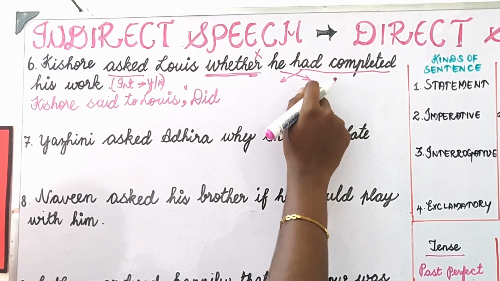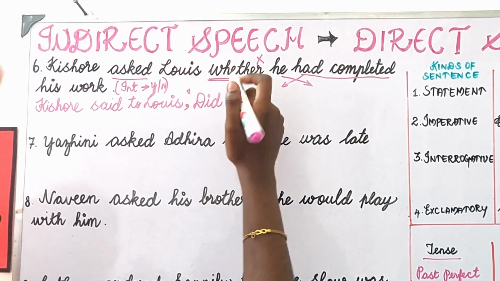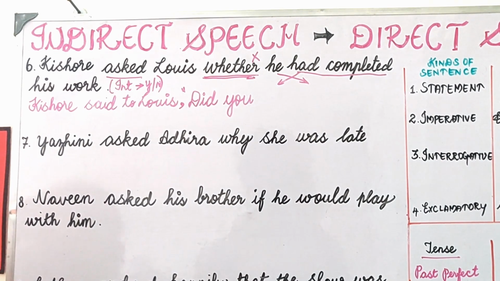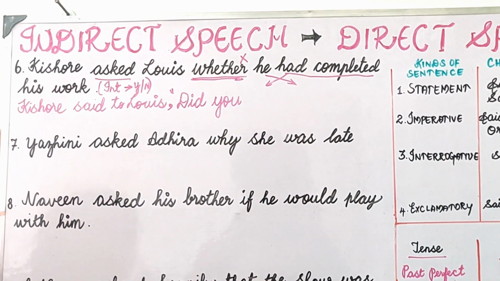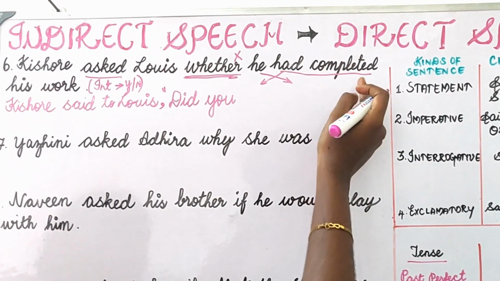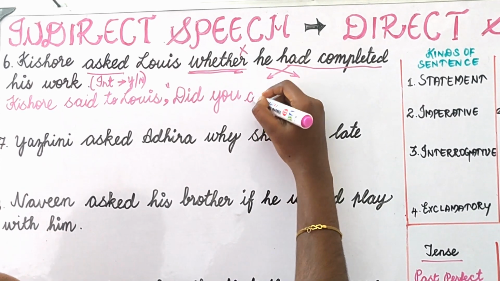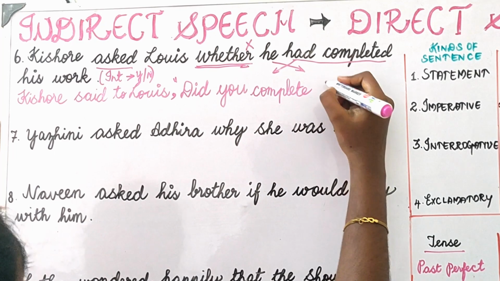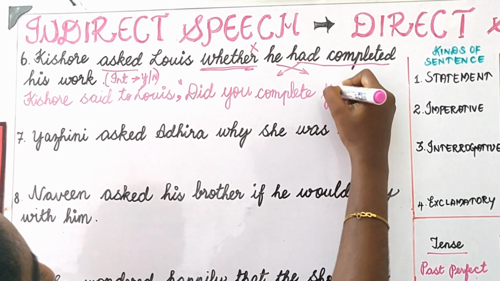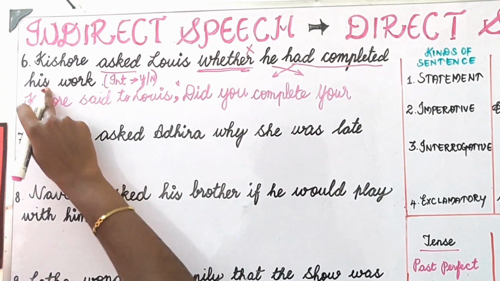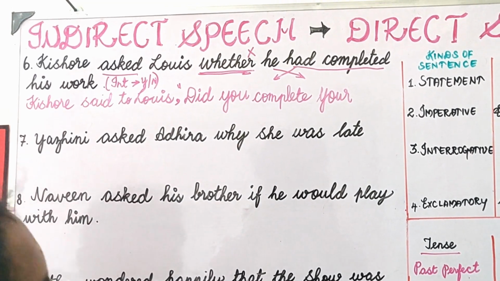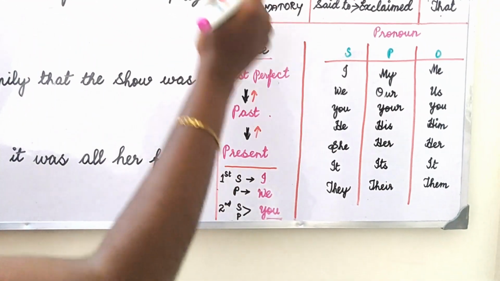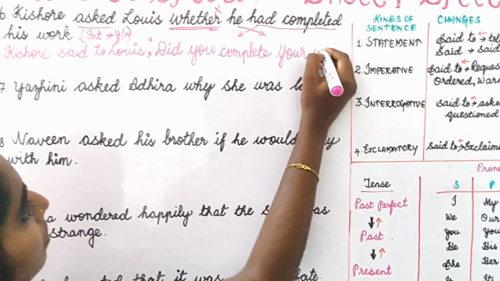He refers to who? Louis, second person. So, you, second person, singular, you. Did you? Then, completed is complete. Did you complete your work? His work. Okay? You, your. So, did you complete your work?